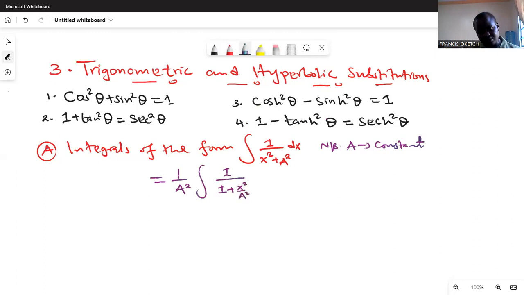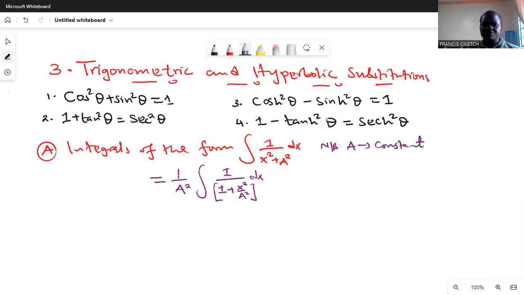You see what I've done? I have factored out the a squared from the denominator, so that our integral can be written as the integral of 1 over 1 plus something squared.